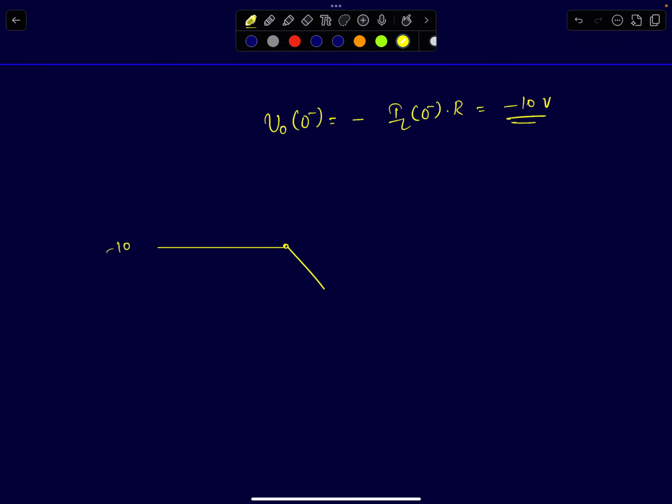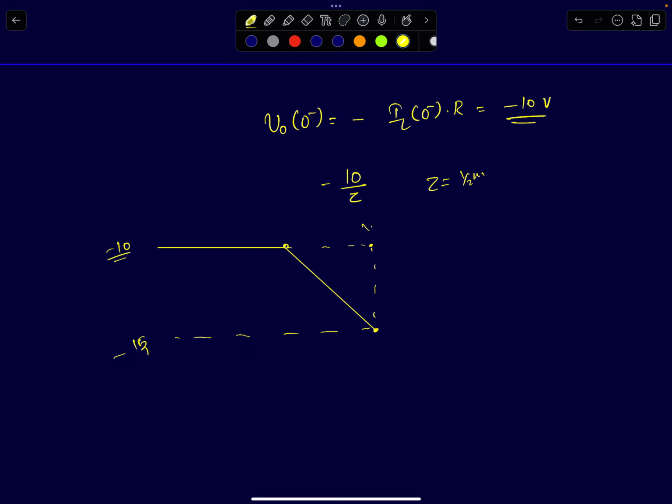Then it will decrease to minus 15 within half a time constant, because as the current is increasing, the output is decreasing at the rate of minus 10 volts per one time constant. So for it to go from minus 10 to minus 15, it would only take half a time constant. So within half a millisecond, your output would have reached minus 15 volts.